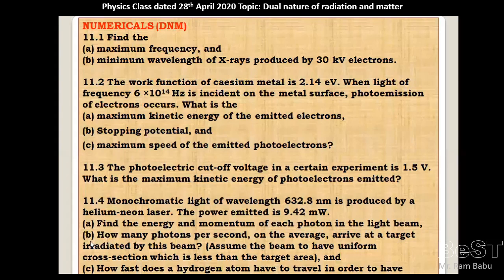Next, B: how many photons per second on average arrive at a target irradiated by this beam?